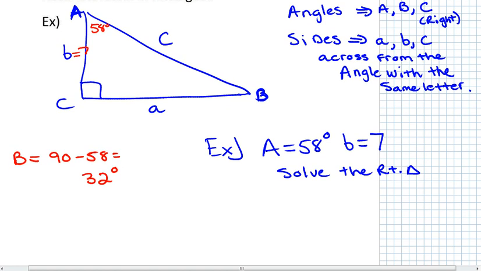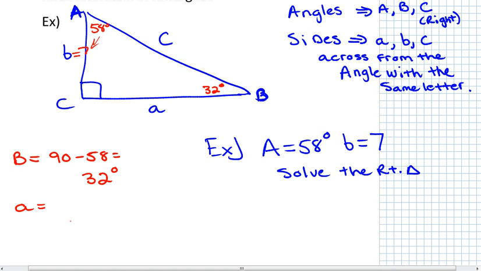To find side a, I can set up a trig ratio. So notice side a is opposite of 58, and b here, the only one I know, is 7, and that's adjacent. So which trig ratio is opposite over adjacent? The tangent.